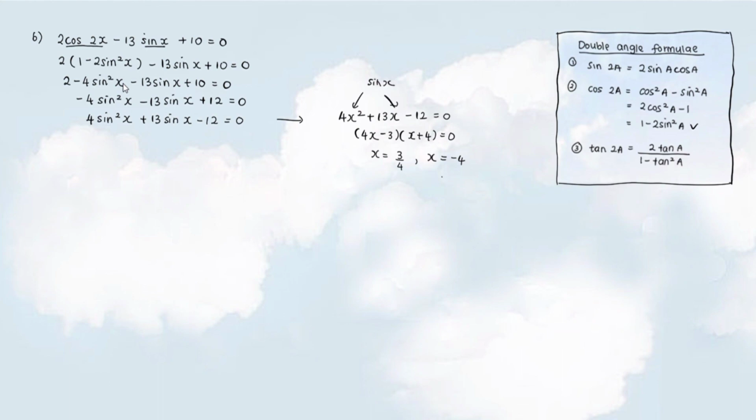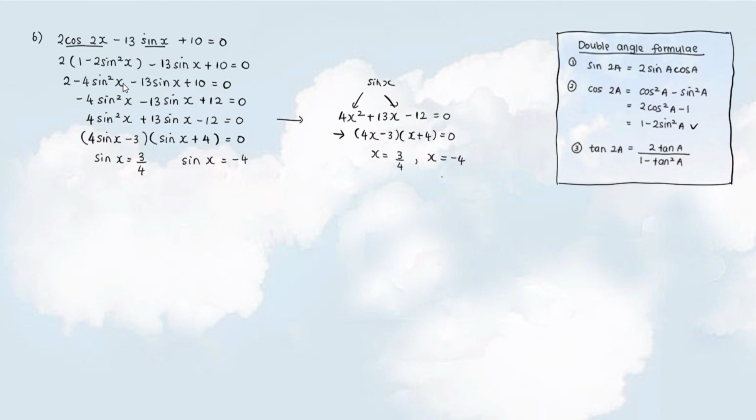Actually, the x is sin x. Refer to the right hand side: (4 sin x minus 3)(sin x plus 4) is equal to 0. So sin x is equal to 3 over 4 and sin x is equal to negative 4.